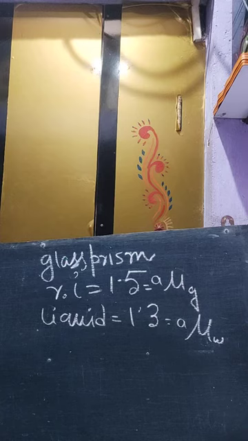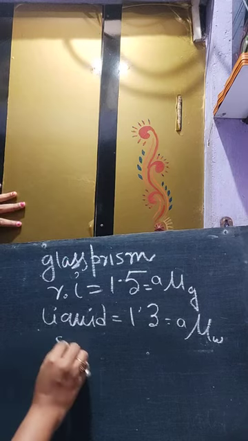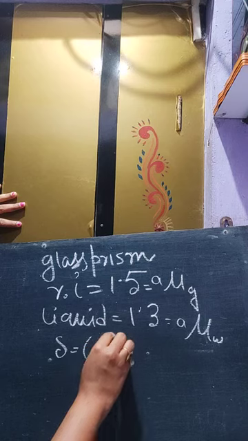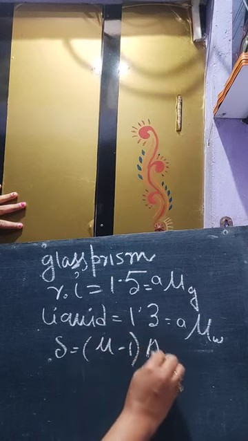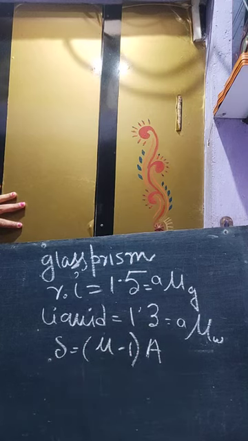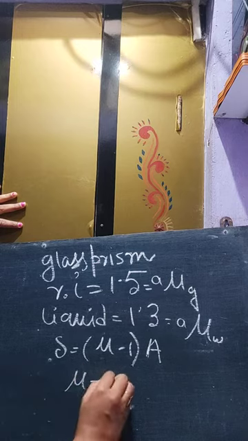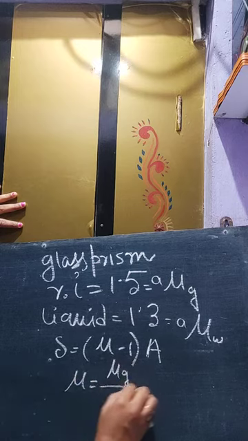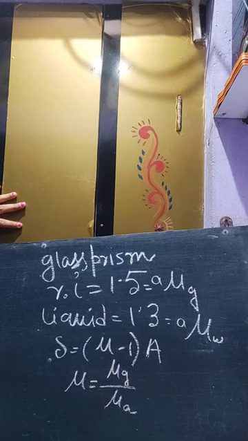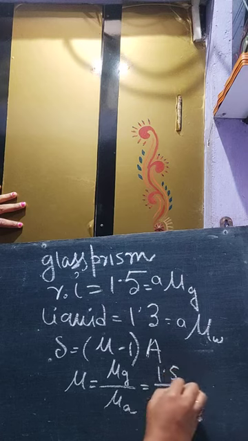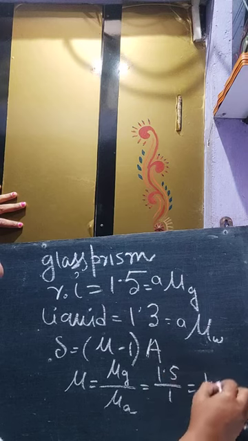Okay. So what is the deviation? We know that delta equals (mu minus 1) into A, right? For the deviation in air, mu will be mu g by mu a, that is 1.5 by 1, which is 1.5.